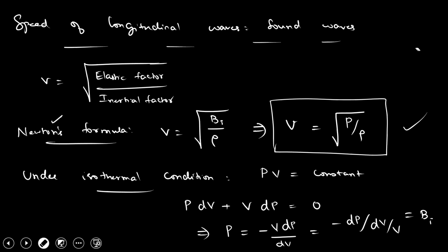Here, shall I proceed? Okay. So here, observe. According to Newton's formula, V is equal to root of P by rho. Now what we will do is take normal temperature and pressure.